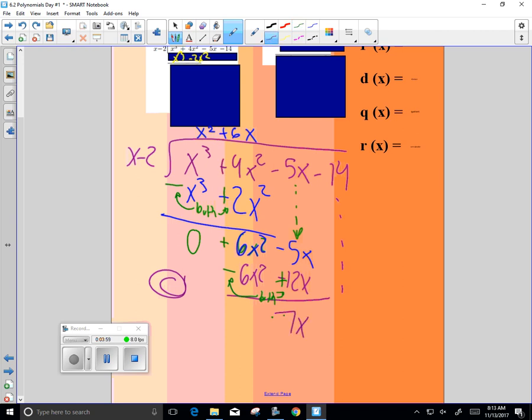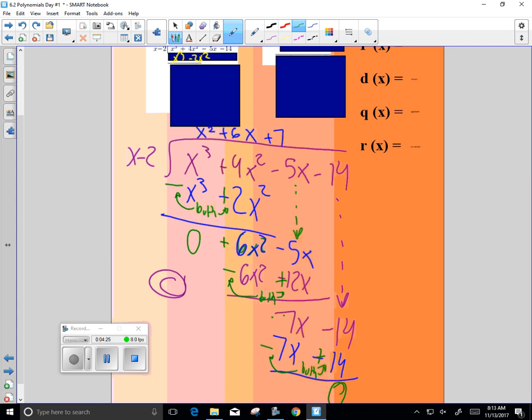Now bring this negative 14 down. And so we have x times what is 7x? 7, yeah, plus 7. So now you get 7x. 7 times negative 2 is negative 14. And now when we do the opposite, and we do it to both, we're going to get 0.